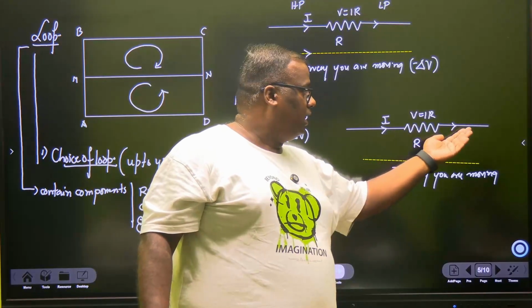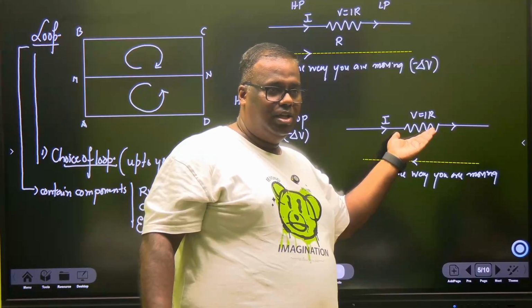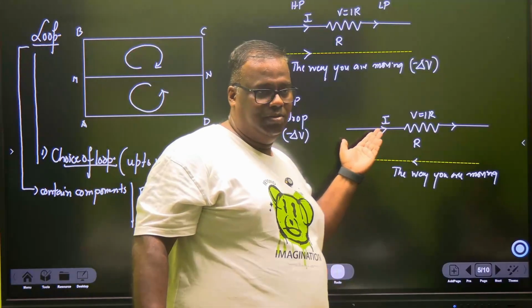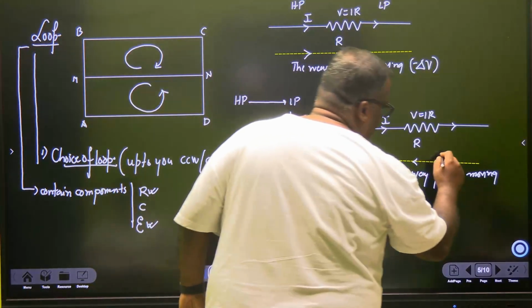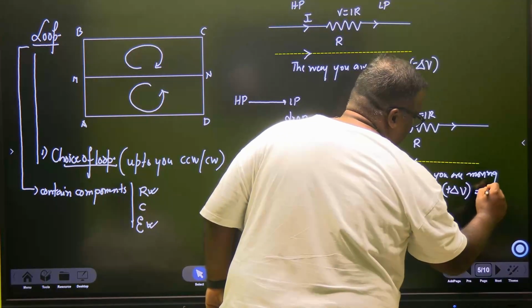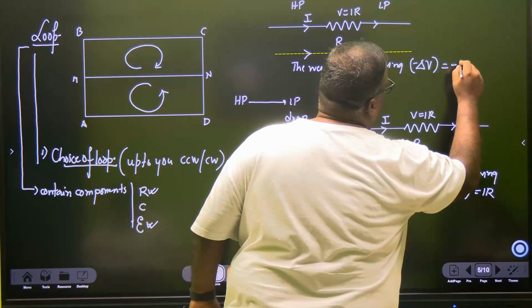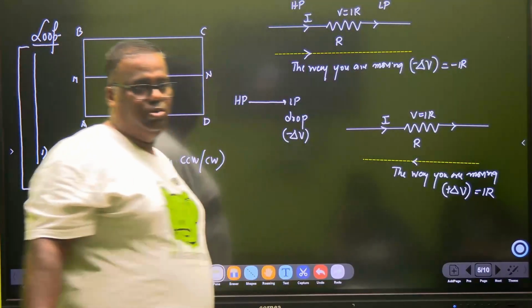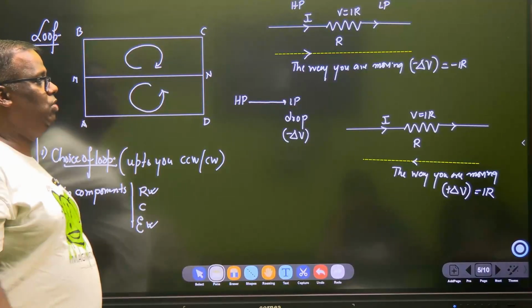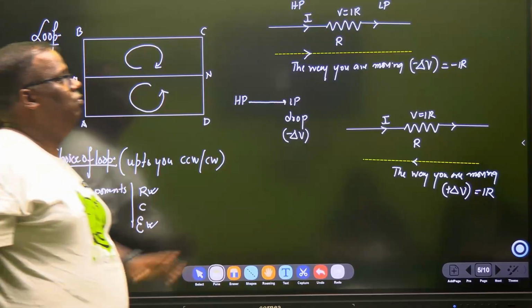So I came with 3 rupees, I add the 0.5, I exit with 3.5. So in this case, my delta V will always be positive, and these delta V's are equal to IR. This delta V is equal to negative of IR. Have you understood? This will always be positive, from here to here.